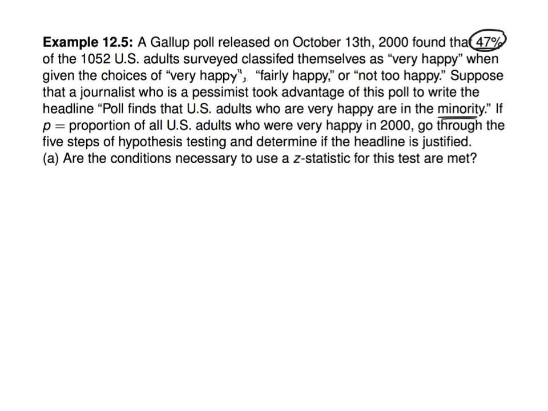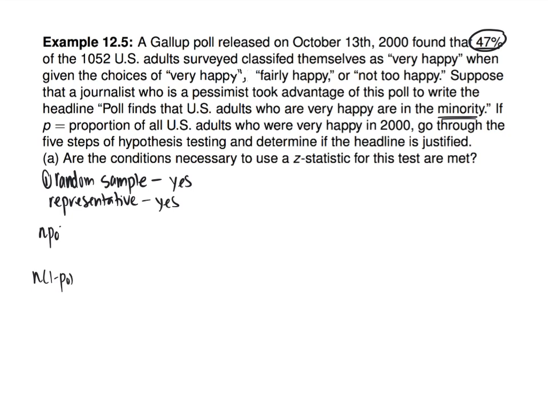Okay, so the first thing is, are the conditions necessary to use a z-statistic for this test met? Those conditions are that it must be a random sample. So random sample, yes, and it must be representative. We're just going to have to assume that that's the case. And we also need to check n times p and n times 1 minus p.